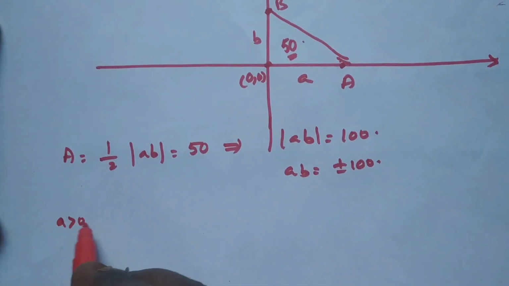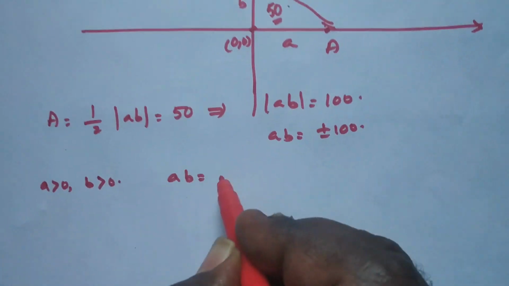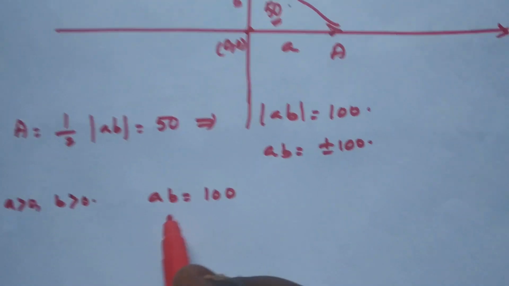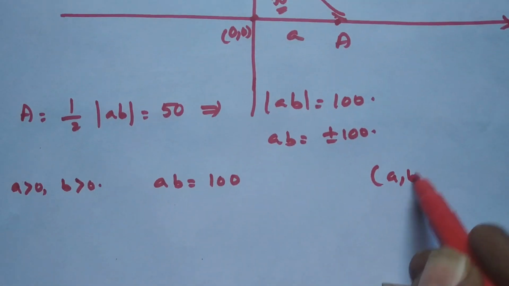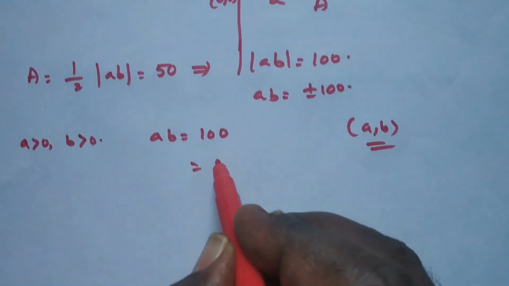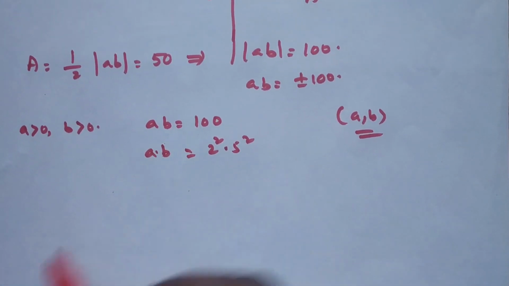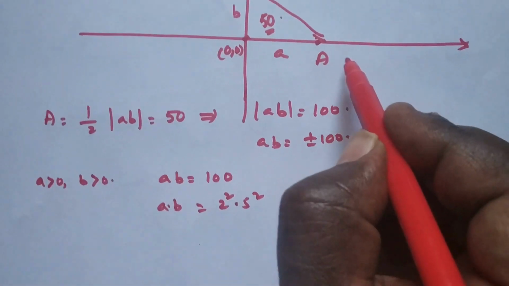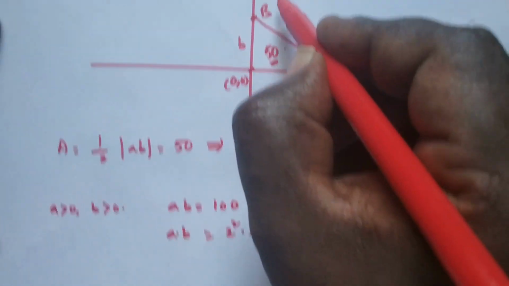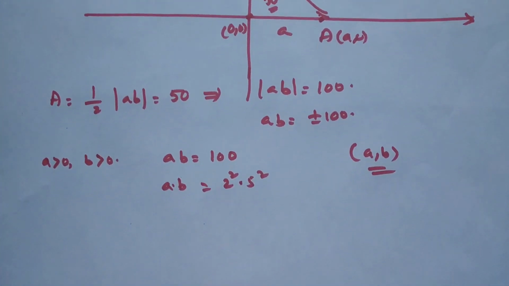Suppose A greater than 0 and B greater than 0, then AB equals 100. Now how many possibilities for A, B do we have to check? 100 can be written as 2 square into 5 square. So we are going to find how many (A, 0), (0, B) exist for set S.